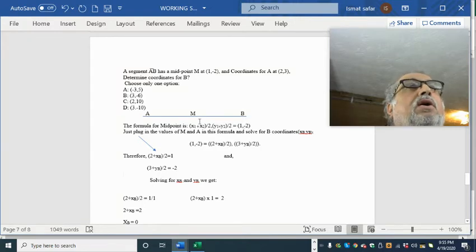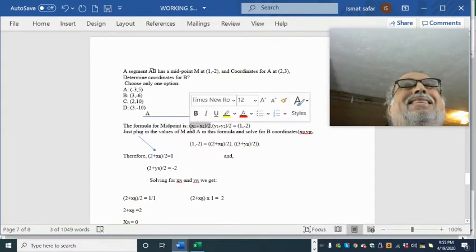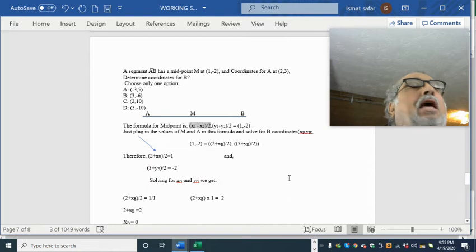Again, x1 plus x2 over 2 is the x coordinate of M, and this is the y coordinate of M, which is -2. Now we have to solve.